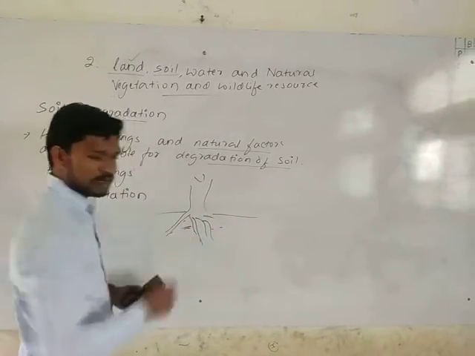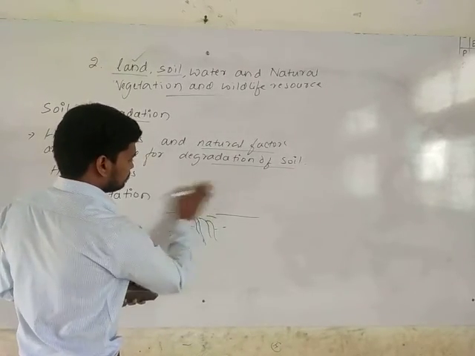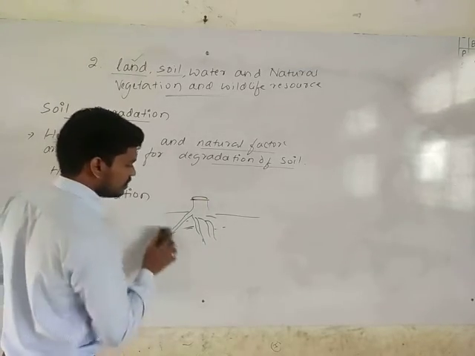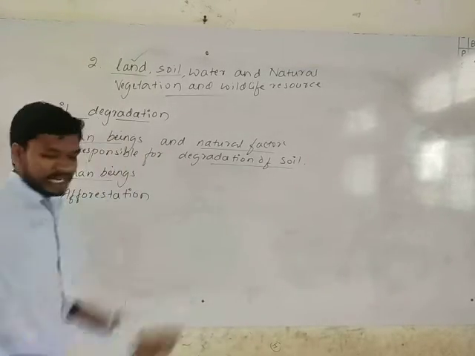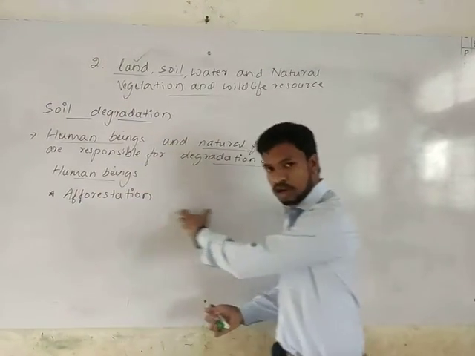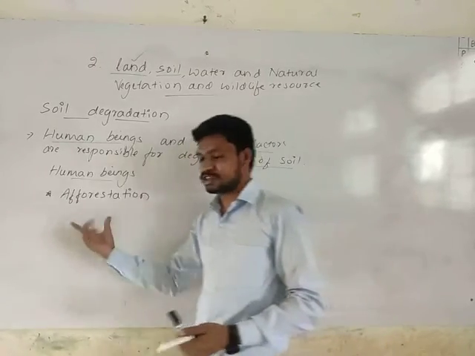Suppose we cut the trees, then the roots will die and the soil becomes vulnerable to the runoff water. So we get soil erosion because of deforestation.